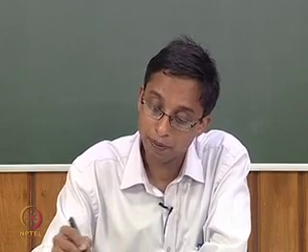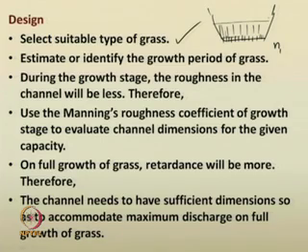Not only that, the effective area of transmission of water also gets changed. So now you have to use the new value of n as well as the new effective area. You have to raise the bed level, and then you will see that there will be a new dimension for the channel.